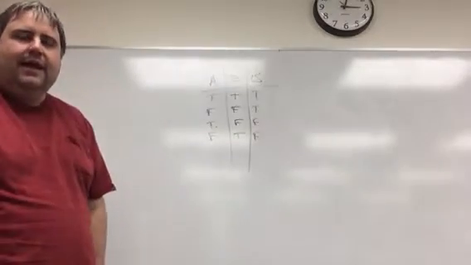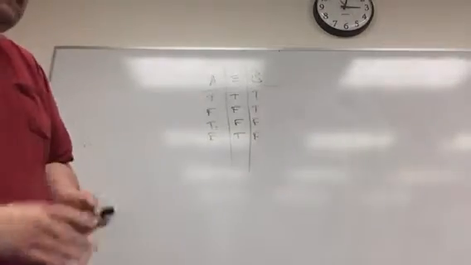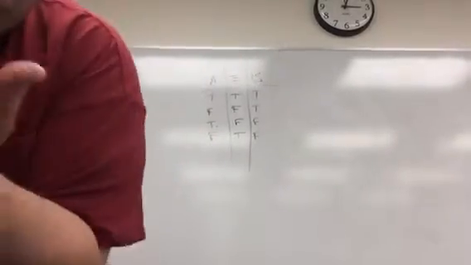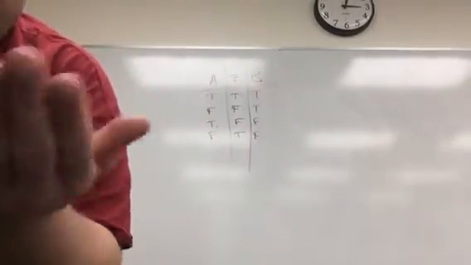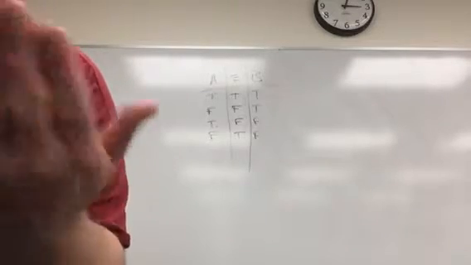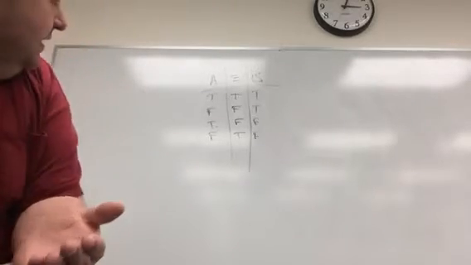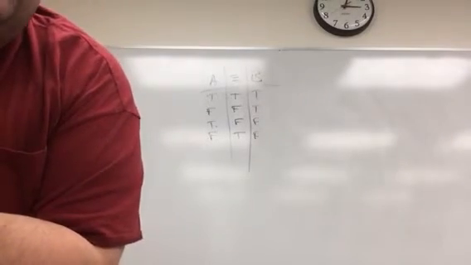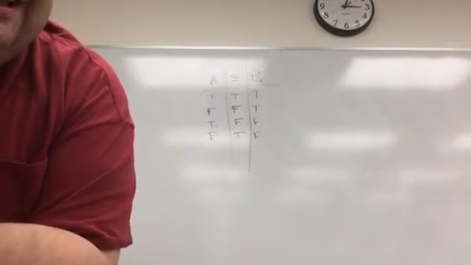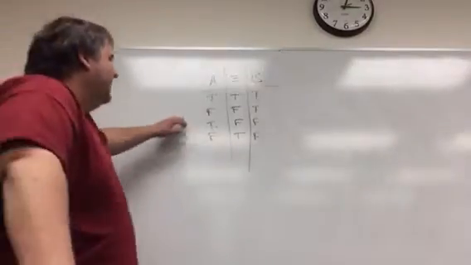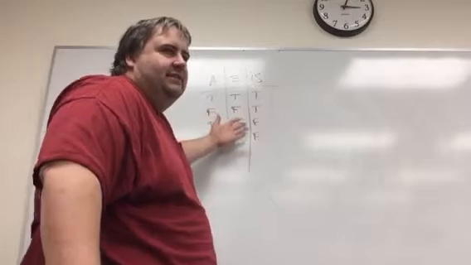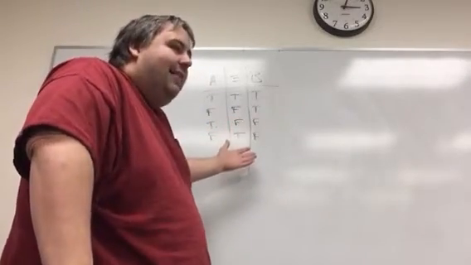Okay? Now, you can do two things with these truth tables. You can simply memorize them, and that's one way to handle it. The other way to handle it is to actually understand. I think that you're better off to actually know what these statements mean, because if you're just like, I don't know, but I know that if this is false and that one's true, then it's false, you can do that and that works.